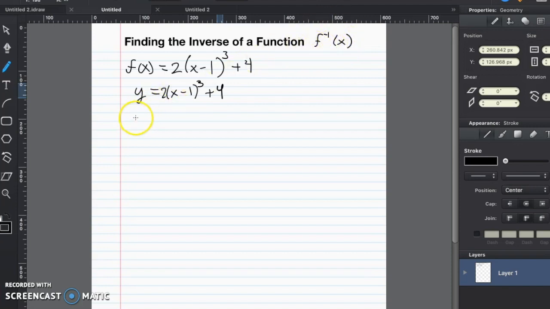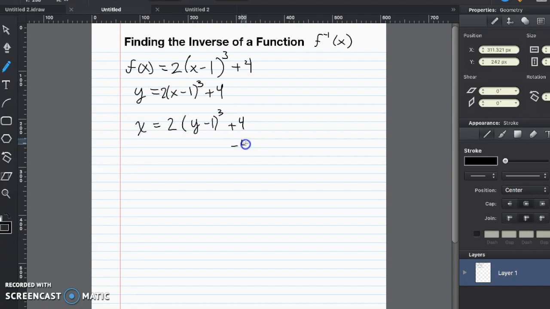What I'm going to do is just switch x and y. That's for the inverse of a function. Switch x and y, and then I'm going to solve for y. So I'm going to try to get y by itself. What I'll do first is, and if you guys liked 5.4, this should be something very similar.